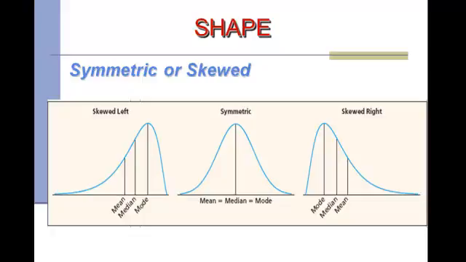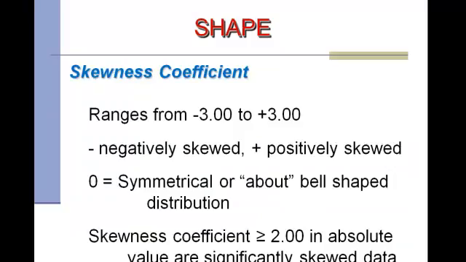Well, we have a measure that we can use, which is called the coefficient of skewness. Without just having to look at a histogram or plot the data, it's a measure that Megastat will give us. It ranges from -3 to +3. If we get a negative number, that means it's negatively skewed, meaning skewed to the left. If we get a positive value, that means it's positively skewed, skewed to the right.